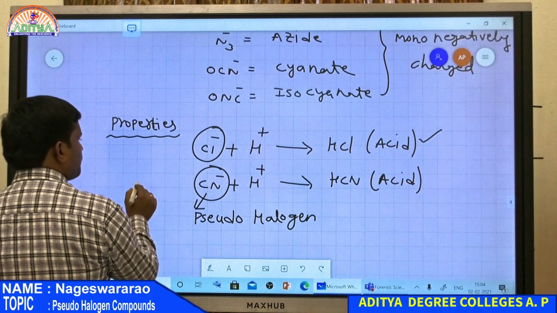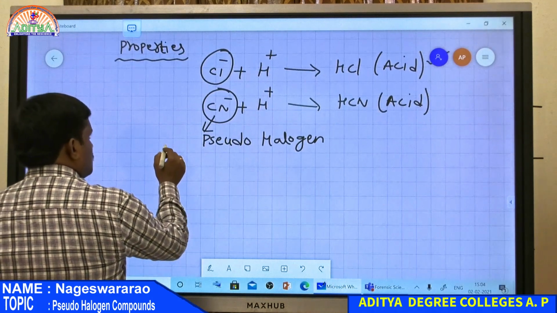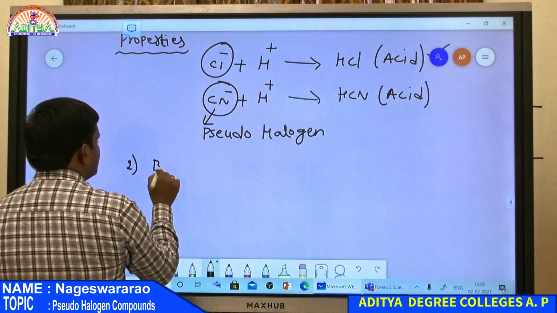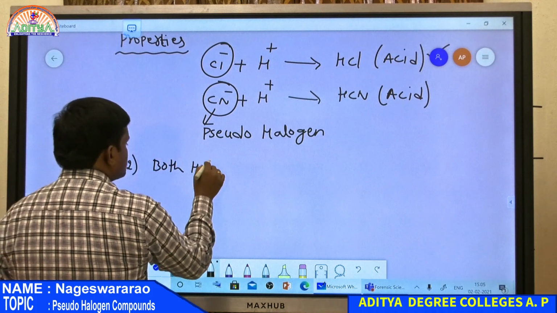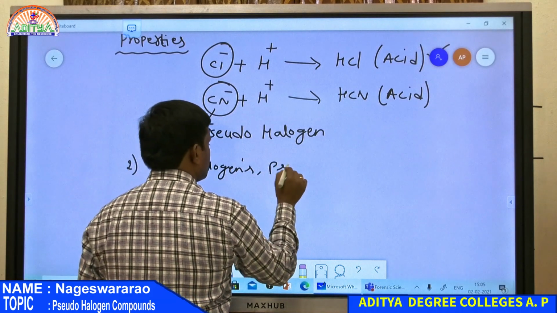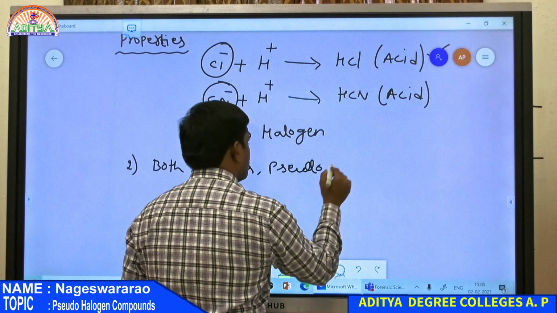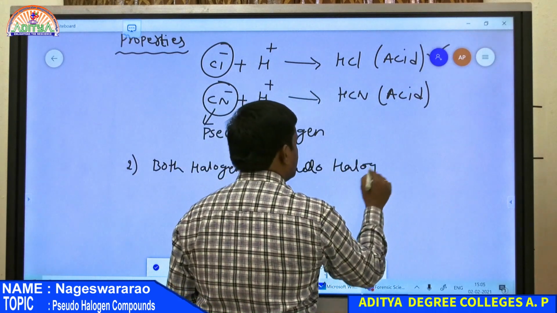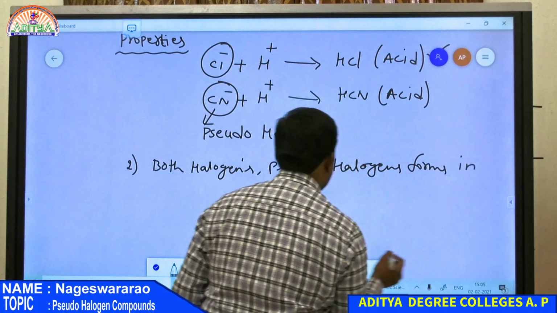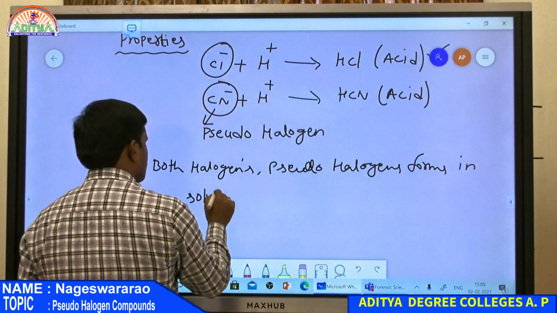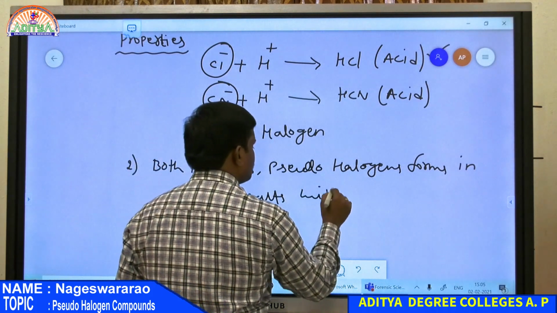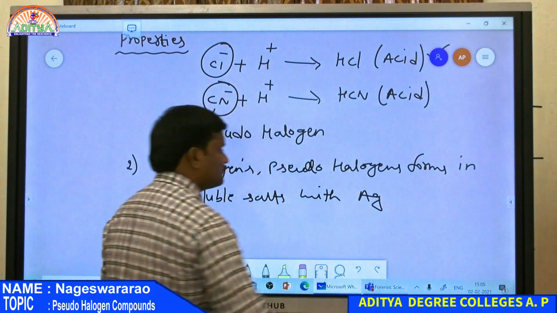Next, the second one. Both halogens and pseudo halogens form insoluble salts with Ag, that is silver.